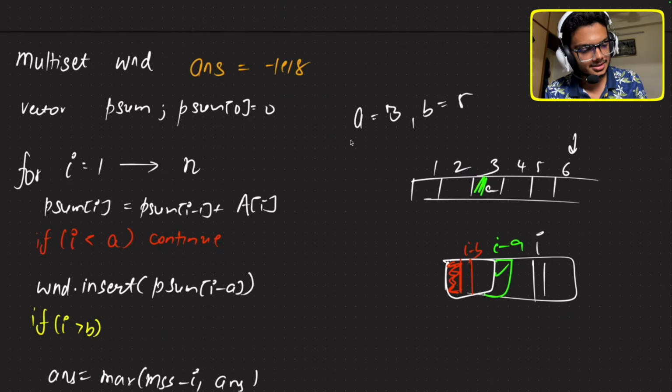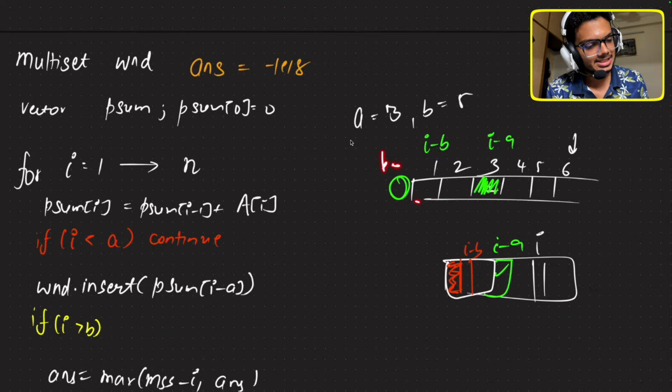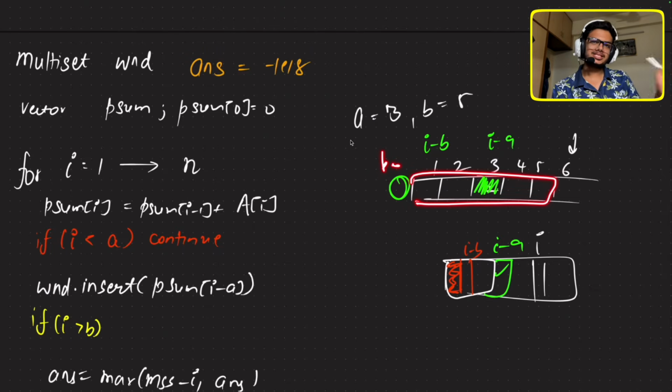You're going to add this guy's contribution into the window, but you're also going to remove P0, which is less than 6 minus 5, 1, right? So this is I minus b, this is I minus a. So you just added I minus a. Now you have to remove the contribution of P0, right? Because you can no longer subtract P0, because if we subtract P0, it's going to yield a subarray whose size is 6, which is greater than 5.